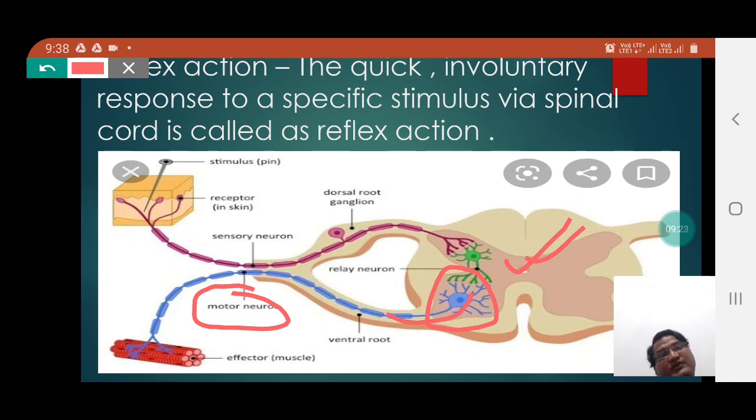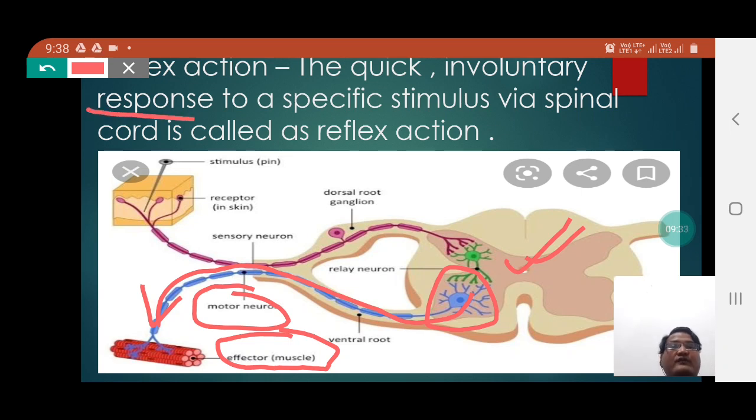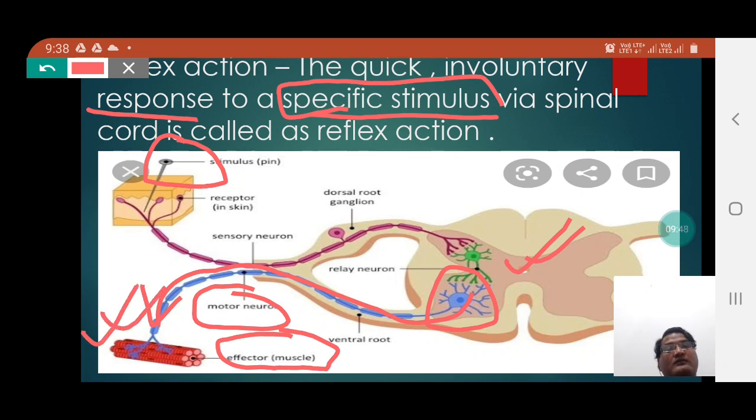This motor nerve will thereafter transmit the response to the effector, that is the muscles. And this response to the specific stimulus, here the insertion of the pen inside the skin, and driving away of the skin or the palm away from the insertion of the pen is quick and involuntary.